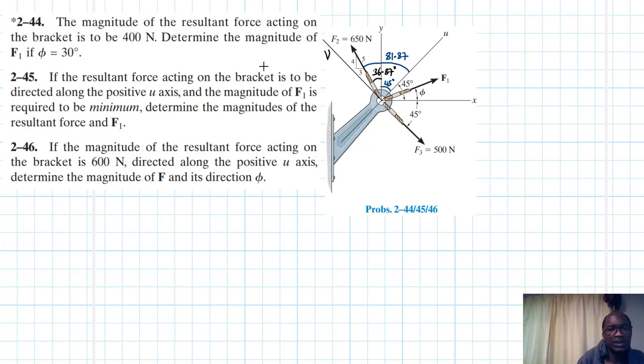Like I said, I've changed the axes. The rest of the angles we know. Then this one here is equal to 45 minus 5. Great. So let's draw now the components.